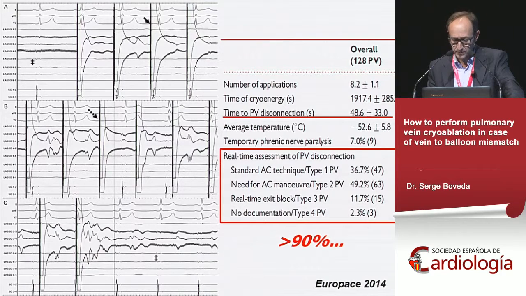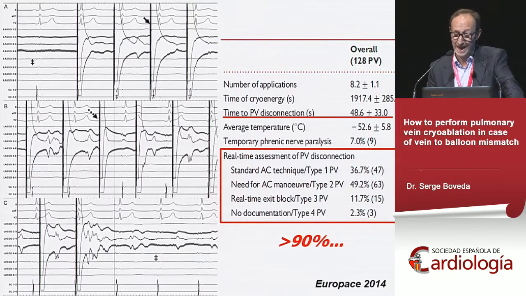Then we can assess the entrance block after, and we can see that this vein is finally disconnected. Doing this kind of maneuvers, we can obtain around 90%. I have to be fair with you, it's not 100, but we can obtain around 90% of real PV assessment.